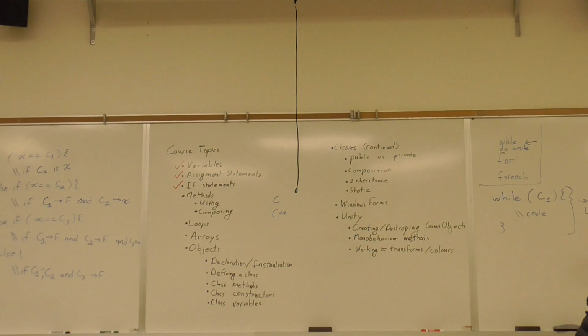So long as that condition is true, you execute the code. Let me just rephrase this slightly. If the condition comes out true, you execute the code. If it comes out false, you exit the loop. Make sense?